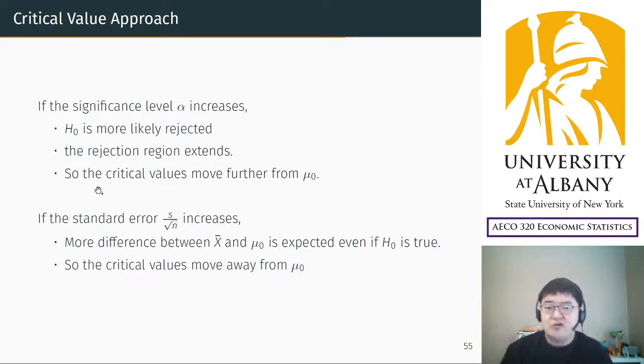Particularly important is the significance level. When you increase alpha, you reject more, so your acceptance region shrinks. So the critical value has to be closer to mu0. The margin of error should be smaller.